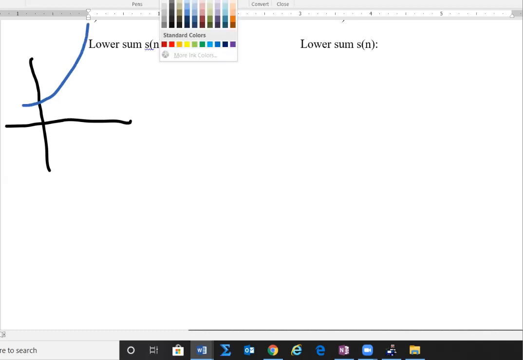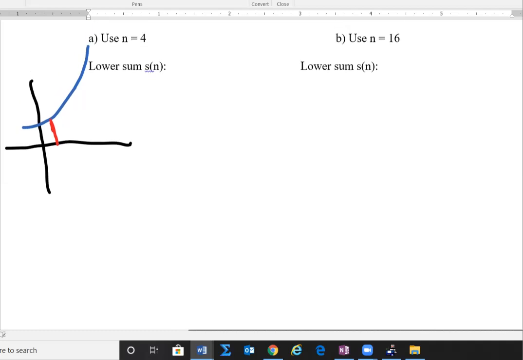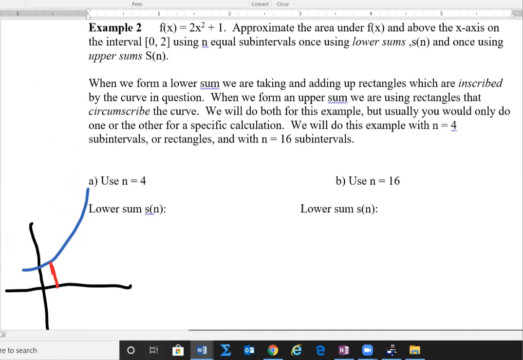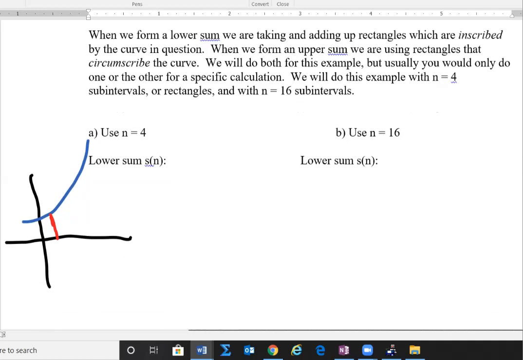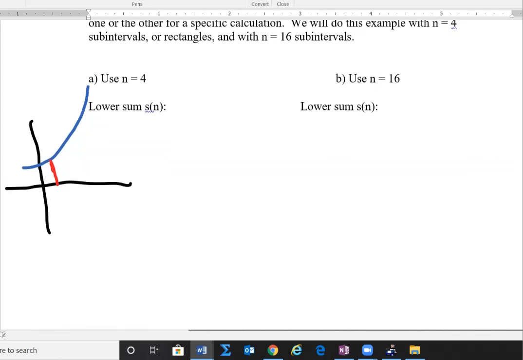And what we're going to do is create, from 0 to 2. And we're doing this one on the lower sum. Okay, n equals 4. So 0 to 2, 1, 2, 3, 4.